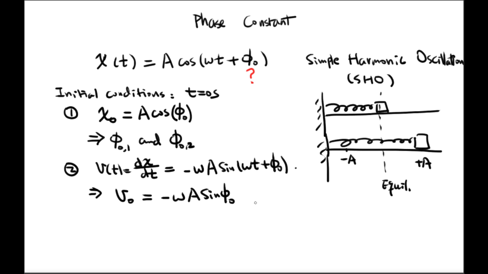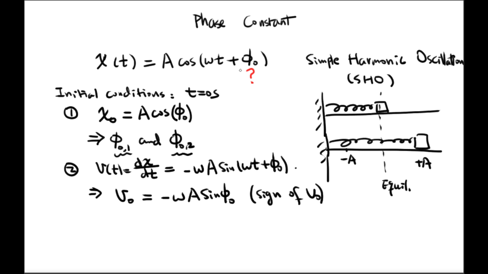So we need the sign of v naught to differentiate these two solutions that we had previously. If the initial velocity v naught is positive, that means sine phi naught should be negative. One of the two solutions should satisfy that, and the other one will not. That's the theory about how to determine phi naught.